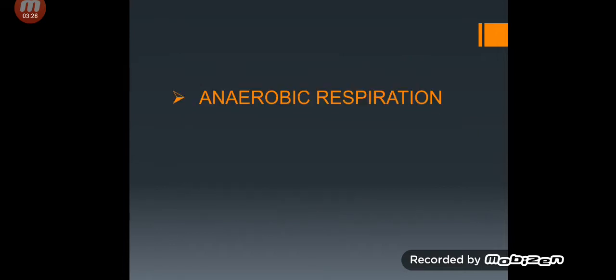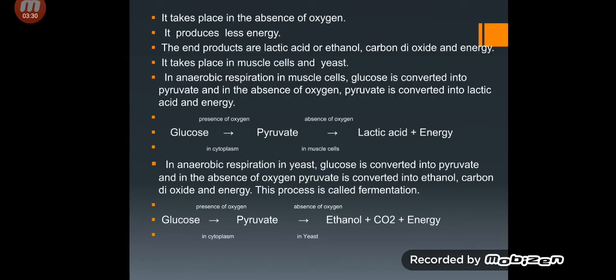Second, anaerobic respiration. It takes place in the absence of oxygen. It produces less energy. The end products are lactic acid or ethanol, carbon dioxide and energy. It takes place in muscle cells and yeast.